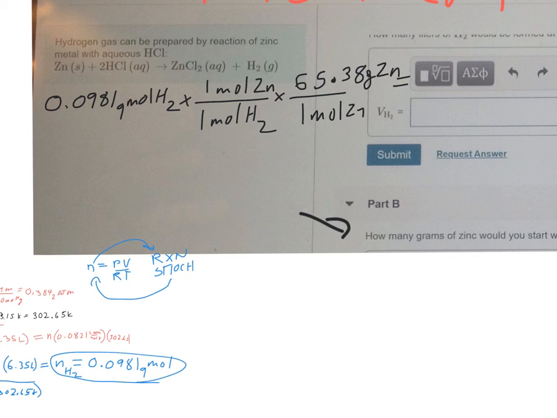Multiply everything on top, divide through everything on the bottom, which basically means 0.0981 times 65.38. And that gives me, wow, 6.42 grams of zinc.